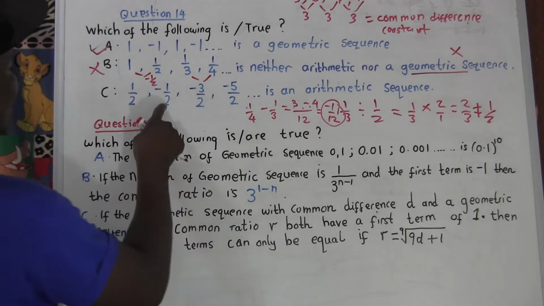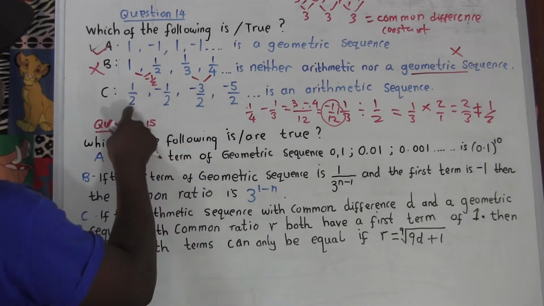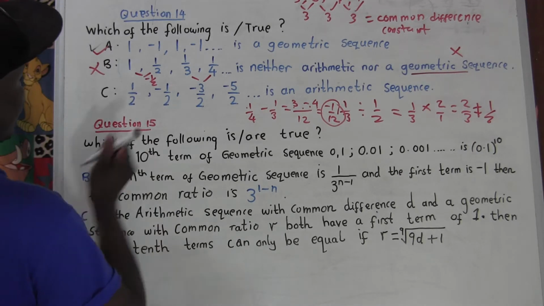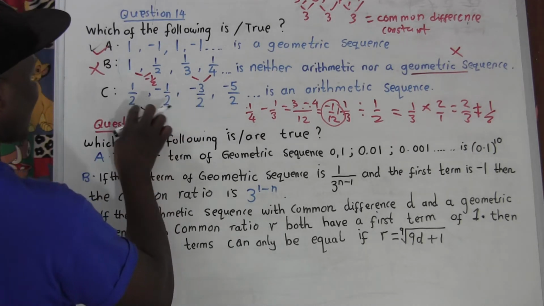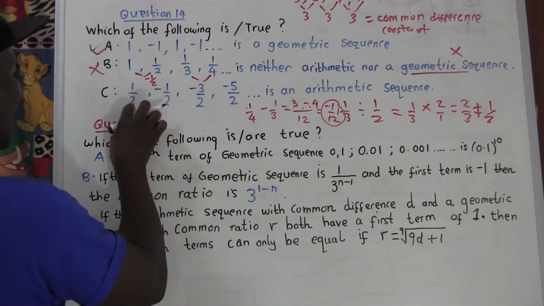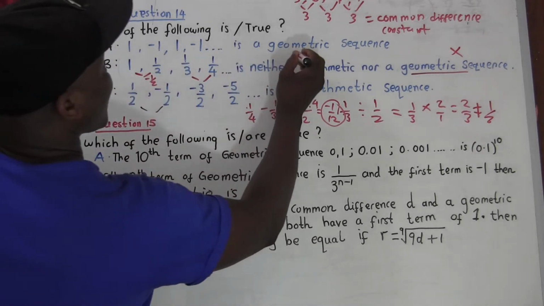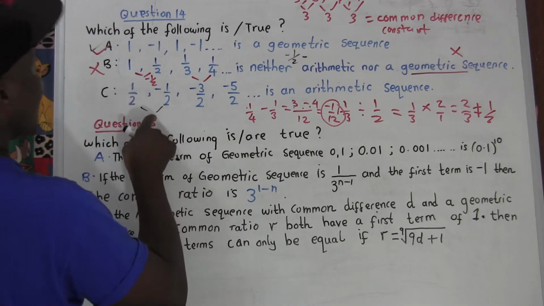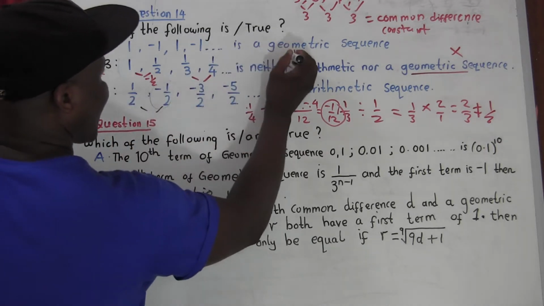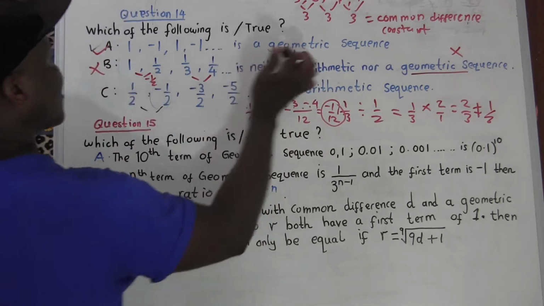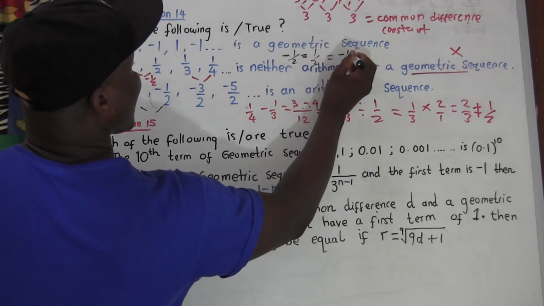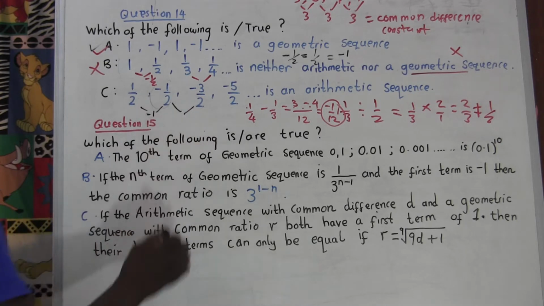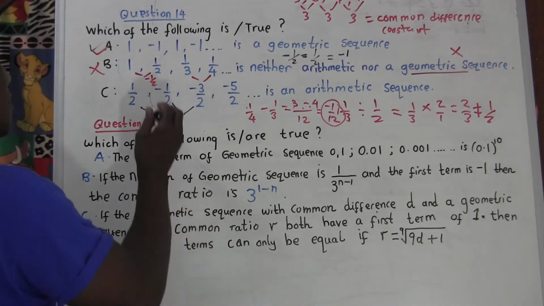Term 2, always next minus previous, so -1/2 minus, this is -3/2, minus a half. This is going to give us -1. So the common difference for the first term is -1. Now we go for the second one. -3/2 minus a half.